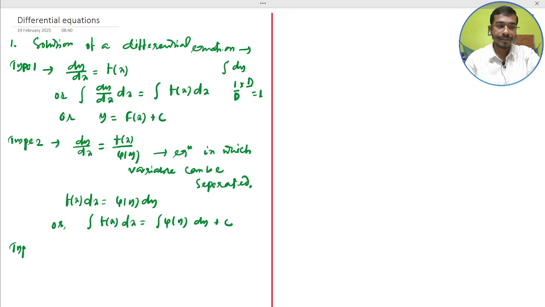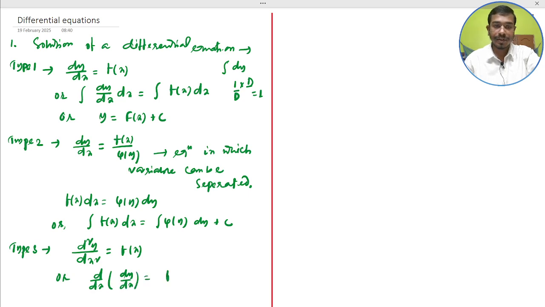Next, type 3: this equation can be solved by integrating twice, meaning the differential equation is given as d²y/dx² = f(x), or written as d/dx of (dy/dx) = f(x). Then dy/dx = f'(x) + c1, with c1 the integration constant.